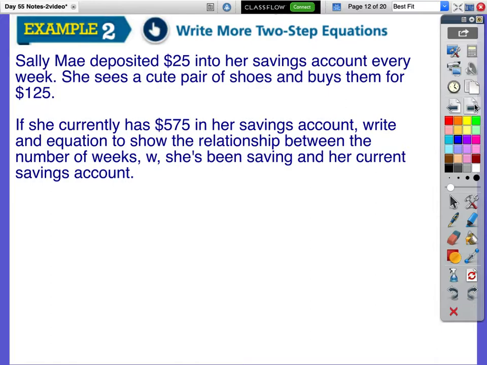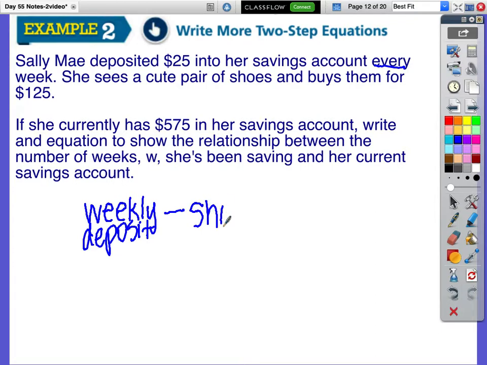All right, so we have a weekly deposit that Sally Mae does. And it tells us that right here. And then we need to subtract her shoes amount.